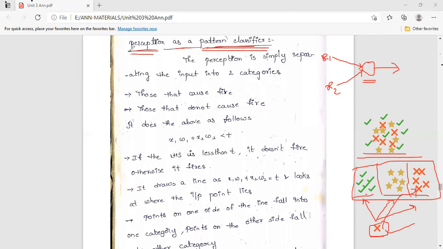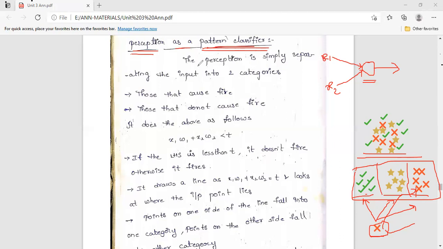Now the perceptron is going to classify the data, right? What is the perceptron's job here? It is going to identify the data based on given patterns. Now here we are going to see the other points related to the perceptron as a pattern classifier.